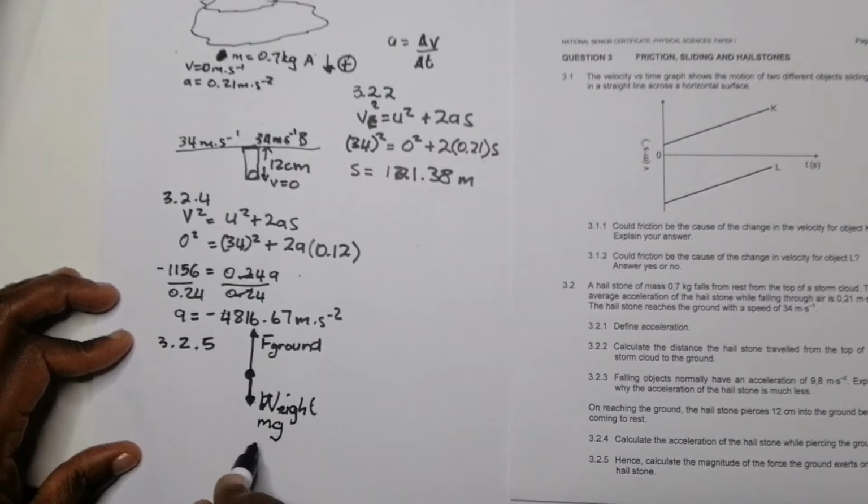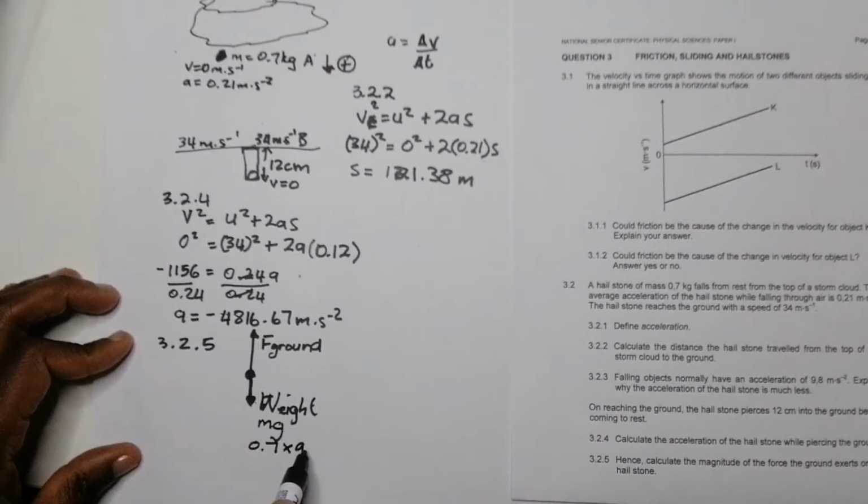So the mass of the object is 0.7. Remember, we're given that mass over there, multiplied by 9.8 meters per second squared, and our weight, so let's do that quickly. 0.7 multiplied by 9.8, we get a weight of 6.86 newtons.